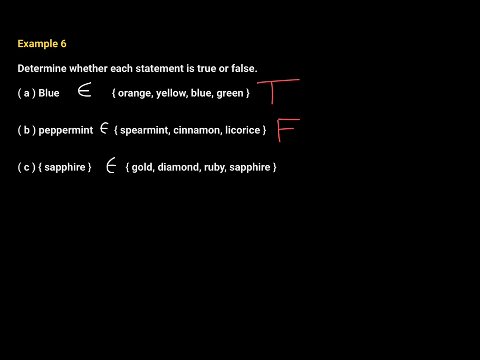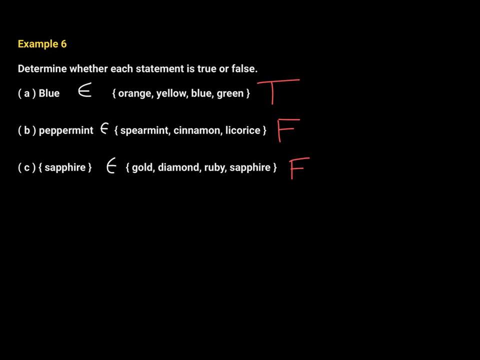Now, this one could be tricky because this does not say sapphire. This says the set sapphire isn't an element of this set. So I see sapphire, but I don't see the set sapphire. So in other words, this statement is false here. What would make it true, folks, is if you saw the set sapphire in this set.